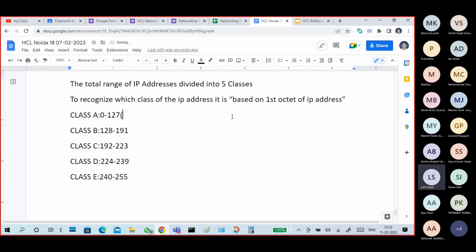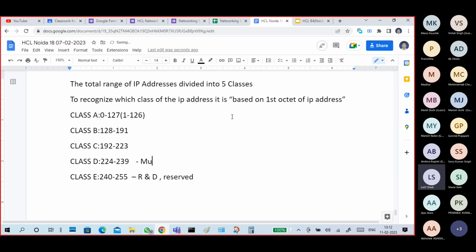And in some test books, it shows 1 to 126 only. Of course, there is a reason. This is R&D, guys, still for research purposes. Some people use it, maybe research and development, still evaluating, or reserved for future use kind of stuff.